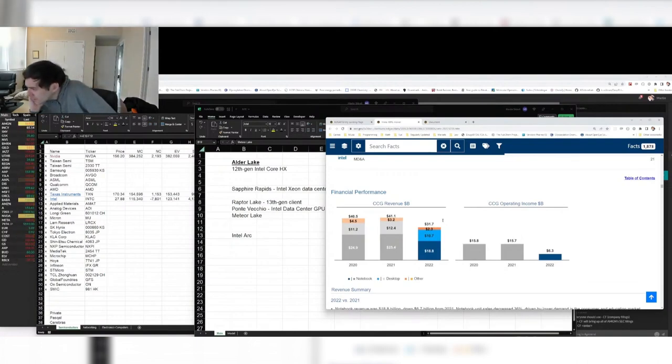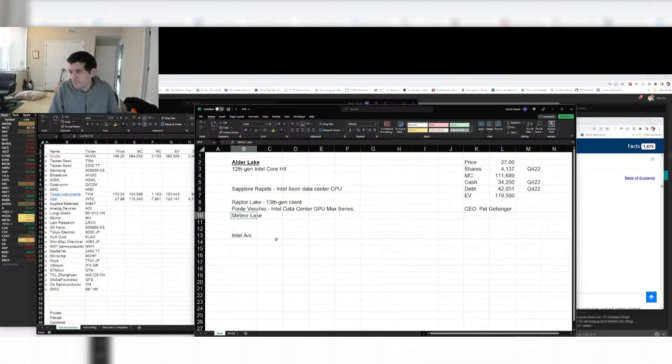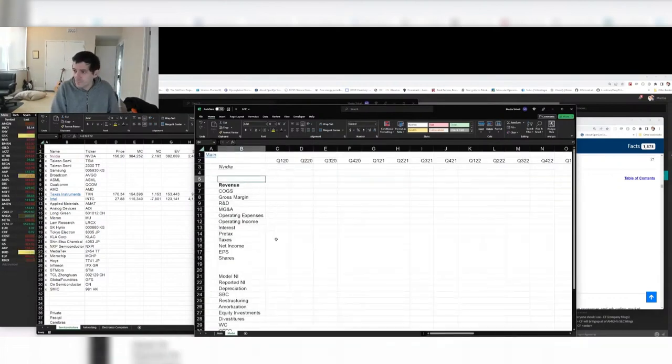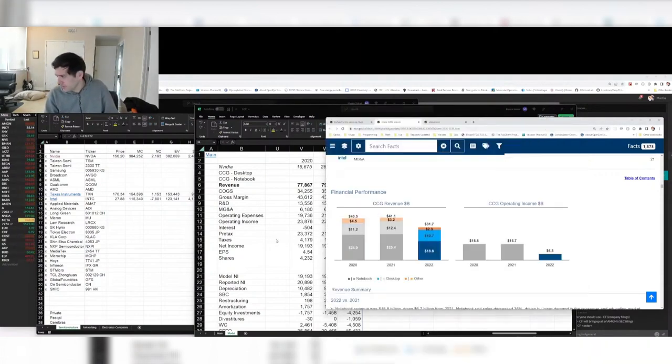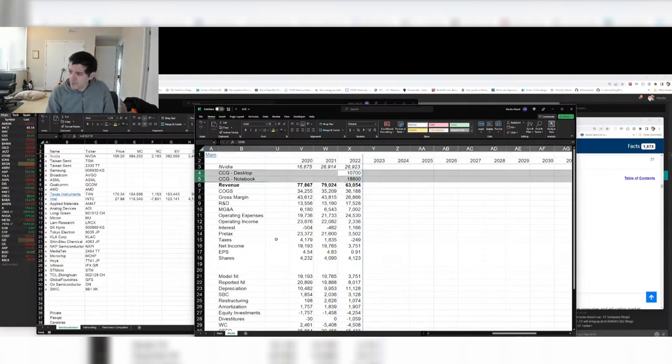Looks like CCG notebook, CCG desktop. Notebook, 18.8 billion. Desktop, 10.7 billion.